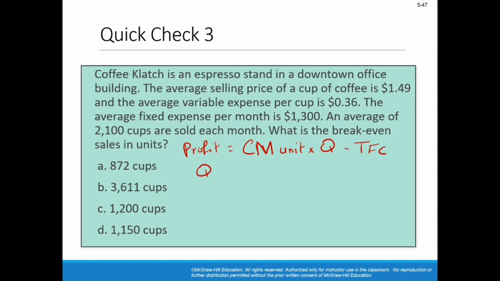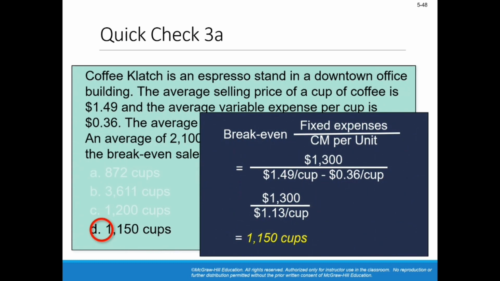So now quantity is equal to total fixed cost divided by unit CM, and therefore you will be having $1,300 divided by the unit CM, which is 1.49 minus 0.36, and you do the math to get the number. So you will have to sell 1,150 cups in order to get a profit of 0.